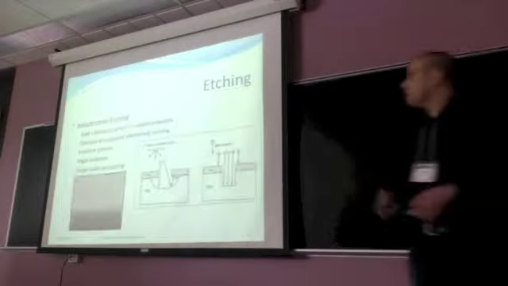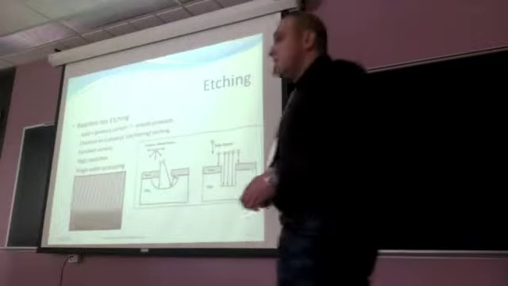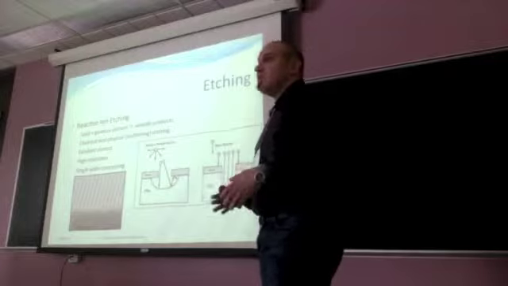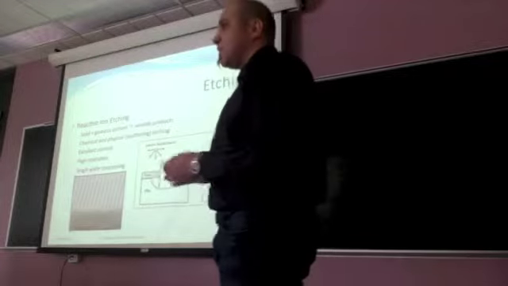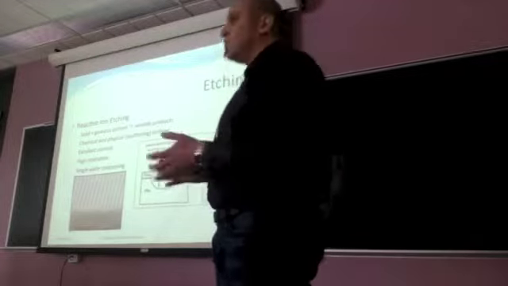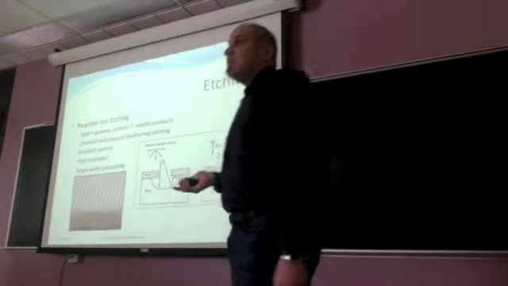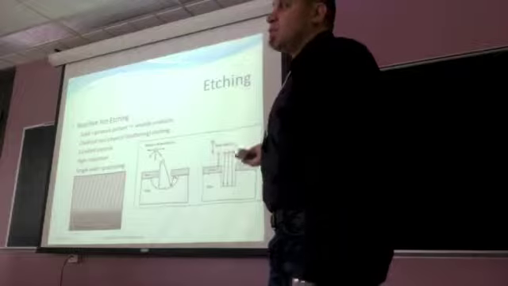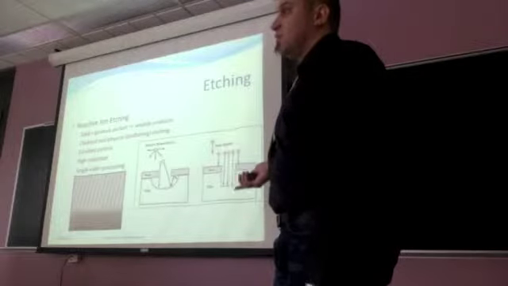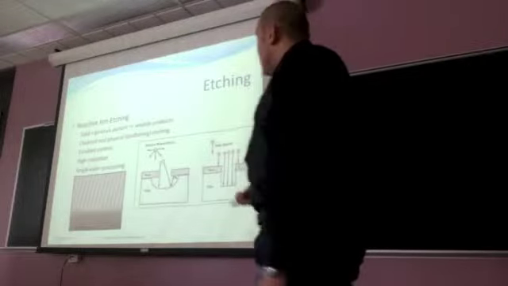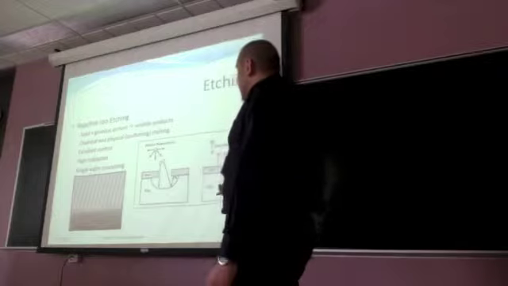When high resolution is needed, and if you have a high density of structures, reactive ion etching is more suitable to etch material. Reactive ion etching is one technique used in plasma etching.